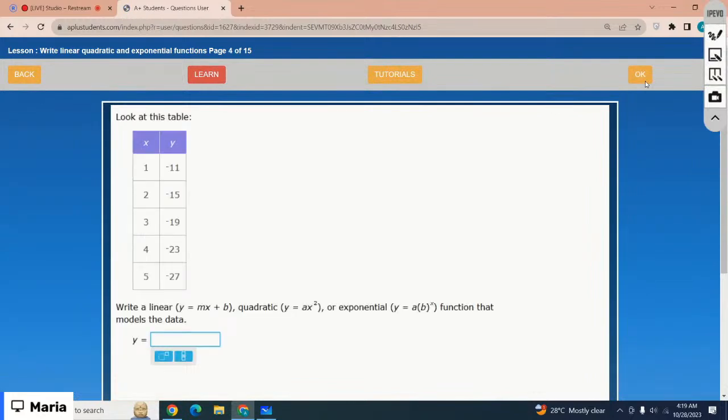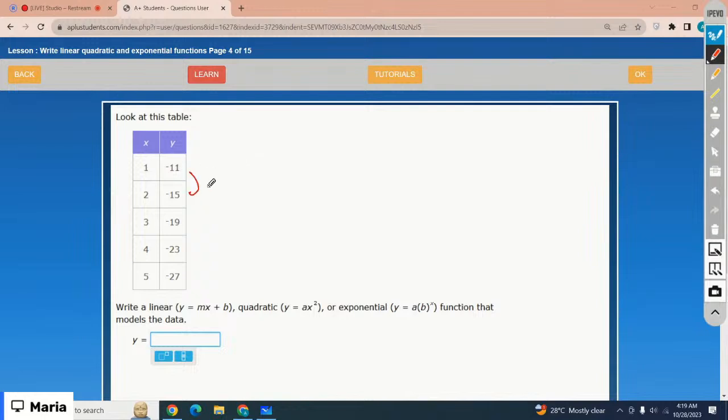Okay, look at this table. Let's see if the equation is linear or quadratic, right? I think it's a linear equation. Okay, -15 plus 11, negative 4, negative 19 plus 15.